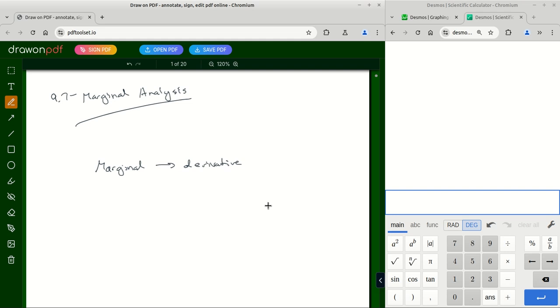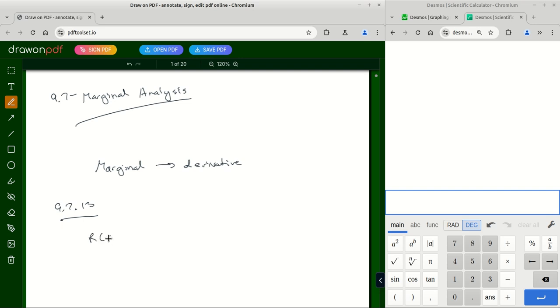You're going to learn more about the concepts and definitions in business school. You've come to me because you need a MATH class, not a BUSI class, so I'm here for the MATH side of things. As far as I see it, marginal means derivative. So, there you go. 9.7, 13, here we go.